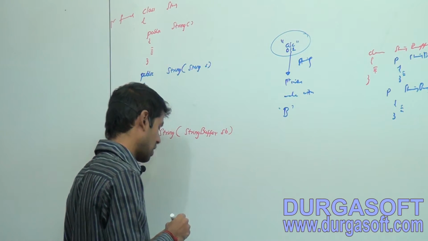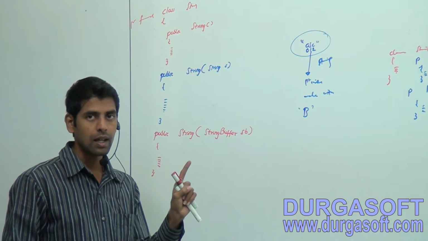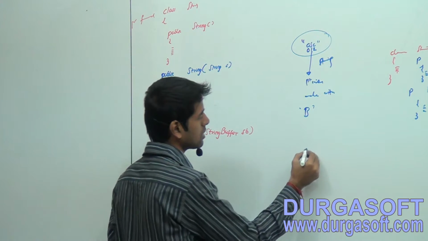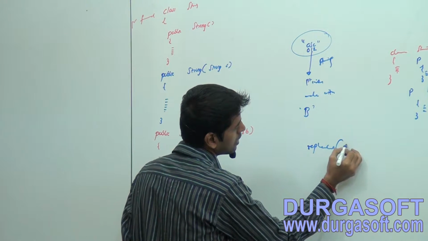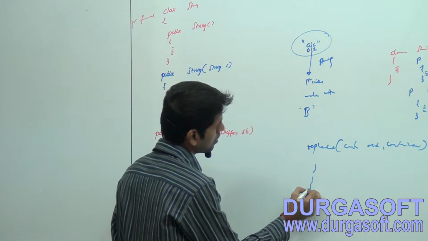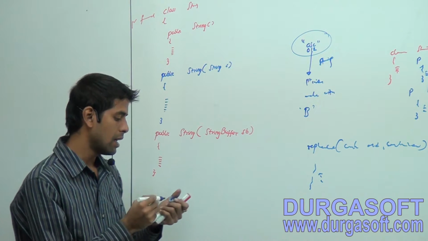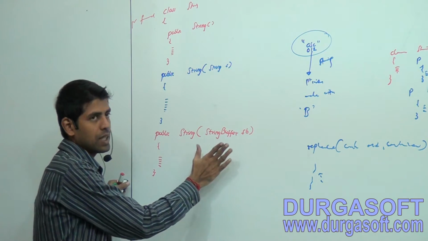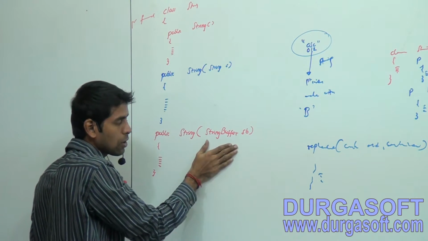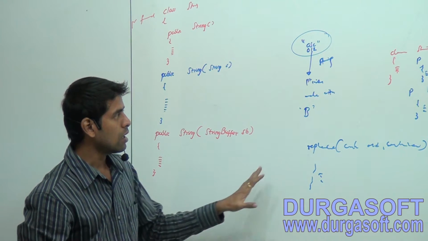Now, of course, you can achieve this by using string class methods. You have one method in the string class, replace(char old, char new). We will discuss this also. But why do we have this constructor within the string class with a StringBuffer argument?